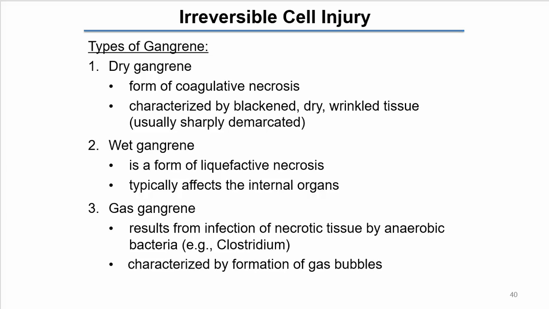They make their ATP anaerobically, and so one of their byproducts is gas. And so basically this necrotic tissue gets filled with bubbles. And this is called gas gangrene.